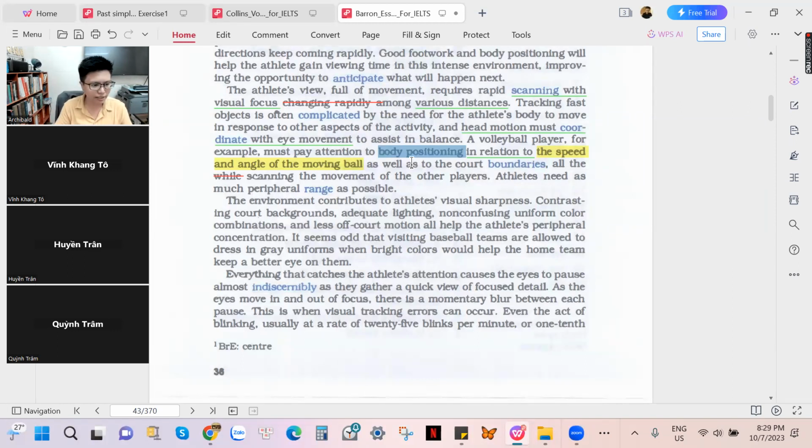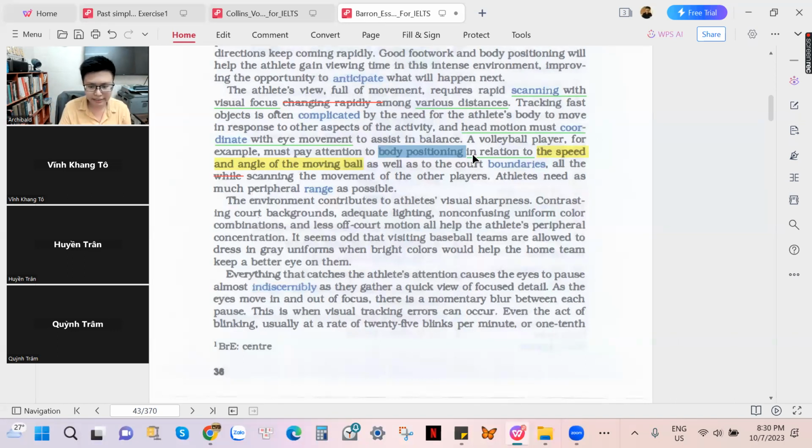That is the meaning of the sentence. So when the volleyball player moves, he needs to look at the ball. Where does the ball go? That will be the direction of him moving his body, in the right direction, towards the ball. That is the meaning of it.